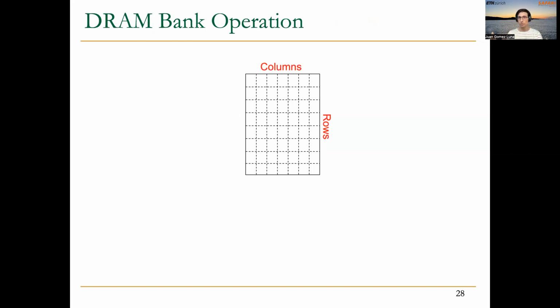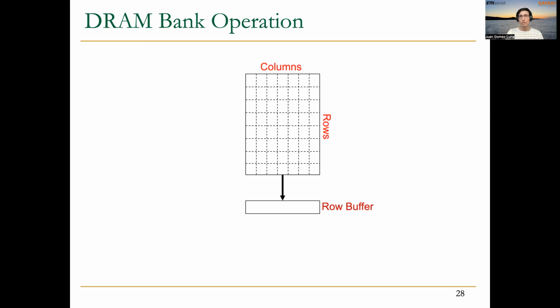A DRAM is composed by memory arrays with rows and columns of DRAM cells. And the way that we access data in these rows and columns in these cells is by using a so-called row buffer, which basically is an array of sense amplifiers, each of them connected to each bit line or each column of the DRAM memory array.